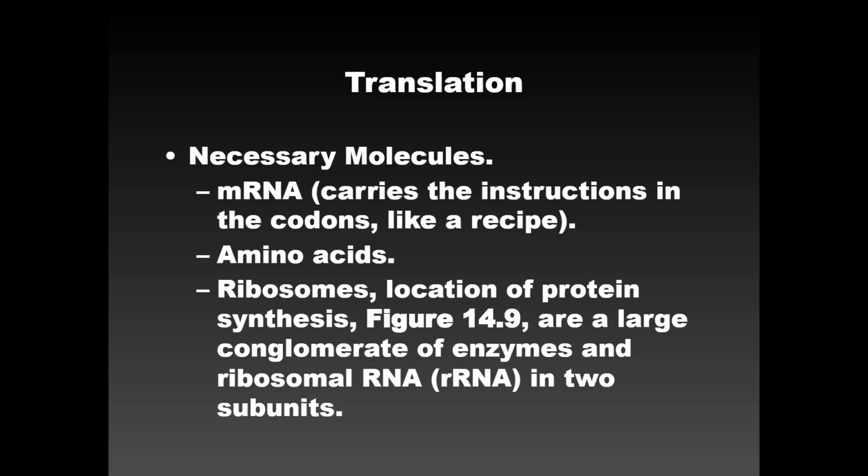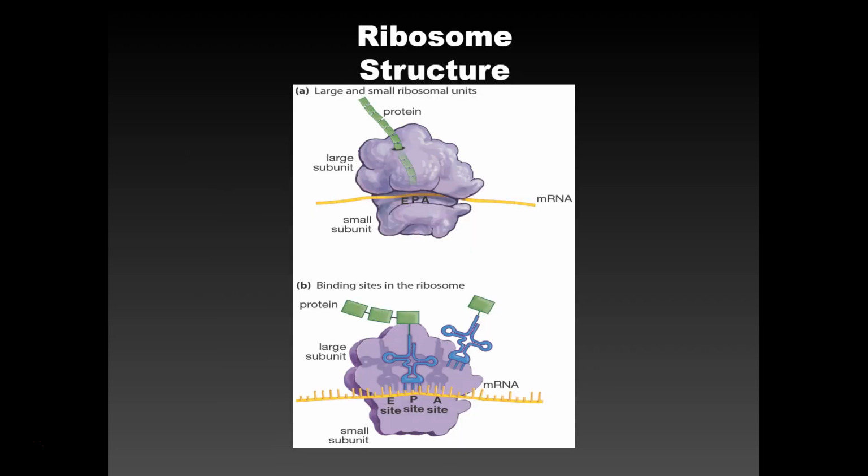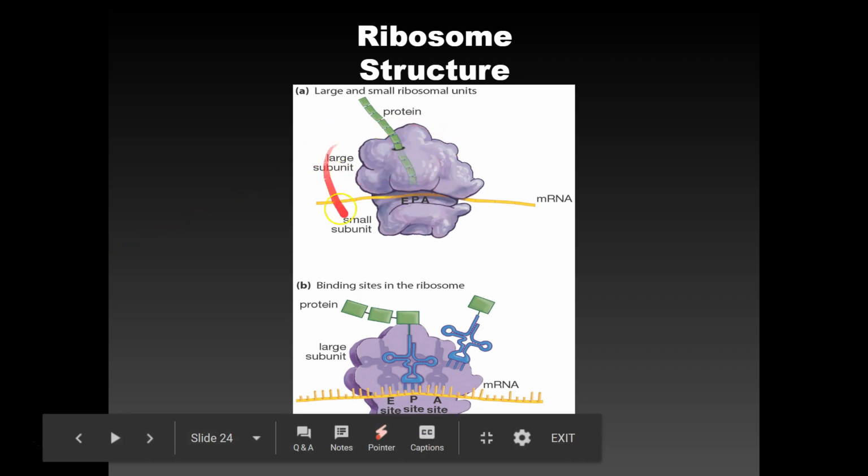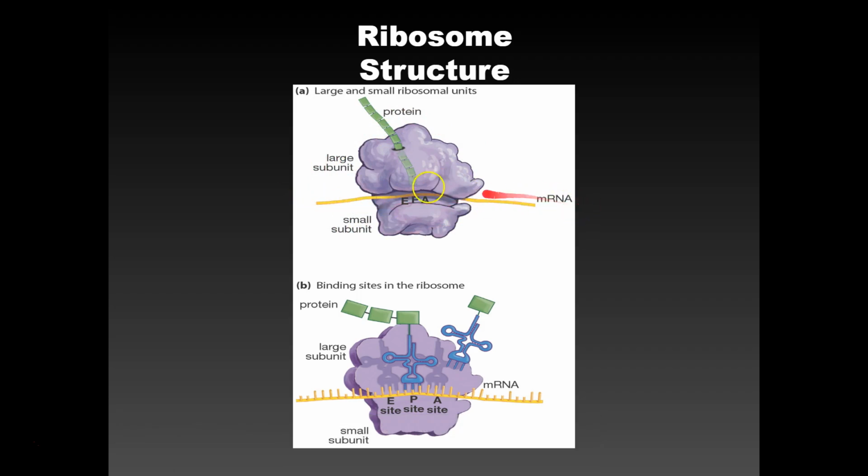They are a large conglomerate of enzymes and ribosomal RNA in two subunits. And here's a picture of that. You can see here is the large subunit. Here's the small subunit. And the mRNA feeds through this kind of like a tape.